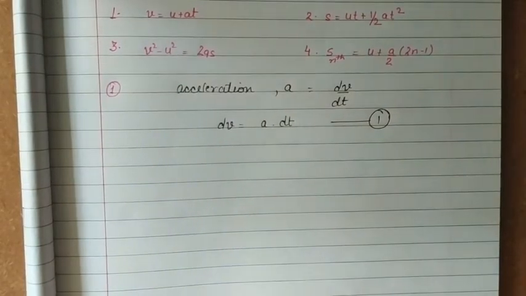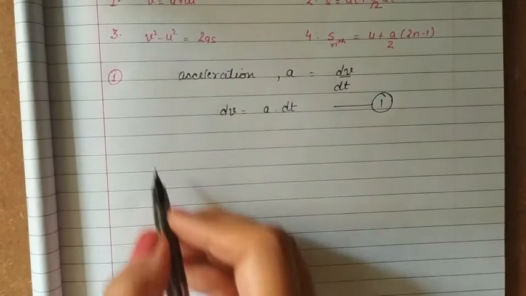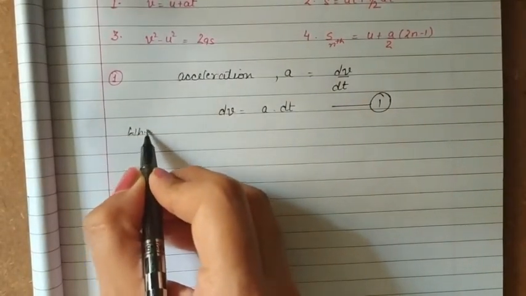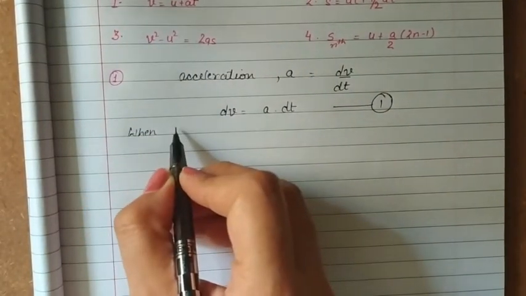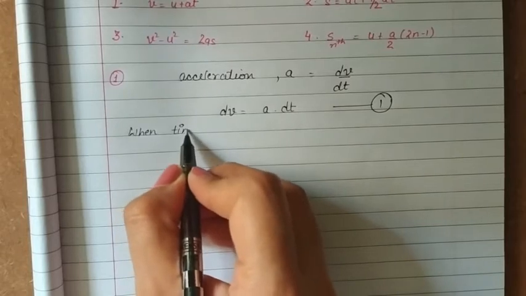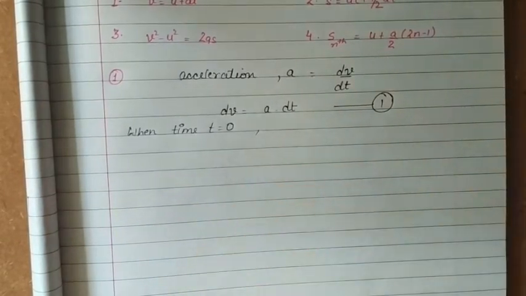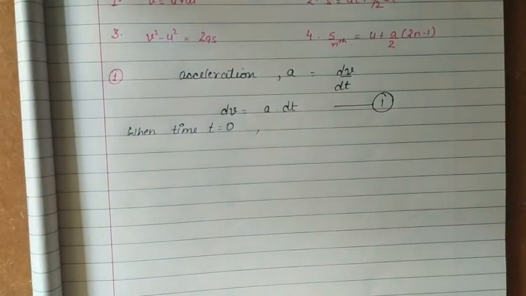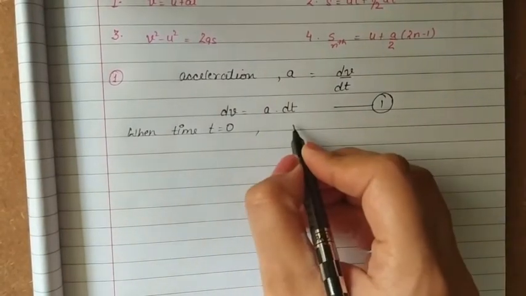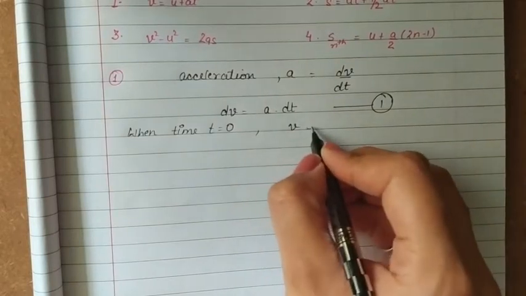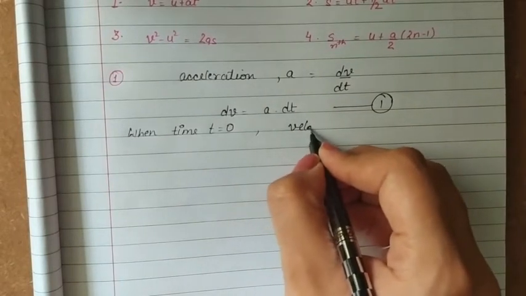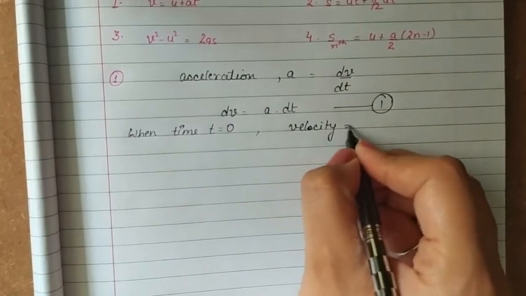Now the situation we have is when time is equal to 0, means at initial position, when time t is equal to 0, the velocity of the particle, we are considering it as u, the initial velocity, or the velocity at the time 0.